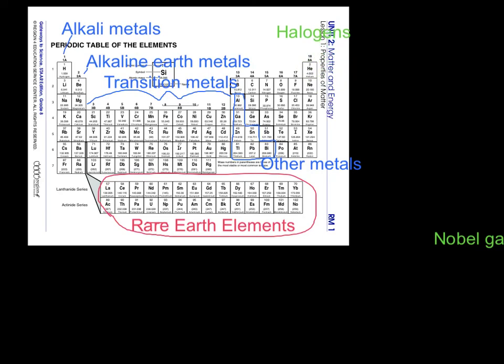Halogens are a group of elements that are generally used in different types of cleaning materials, such as bleach, toothpaste, or even medical uses like iodine. And then our last group, group 18, are the noble gases. The noble gases, remember the noble gases have 8 valence electrons with one exception, helium. It has 2 valence electrons, but their outer shell is full, so they do not bond with other elements, and they're found alone in nature.